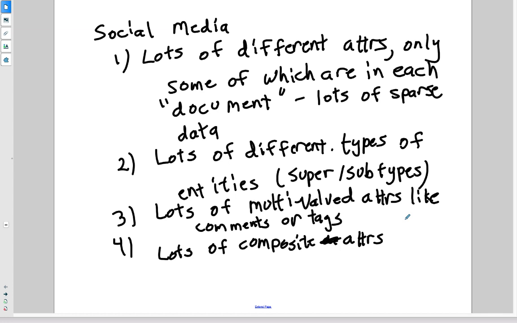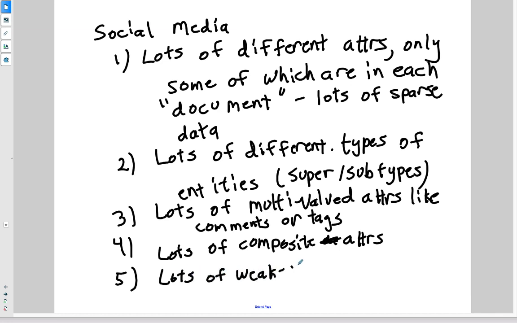Instead, you just have street, zip code, city, state, but it's not all grouped together under one attribute heading or in one object. Okay, so lots of composite attributes, lots of multi, okay, and I'm going to say lots of weak entities.